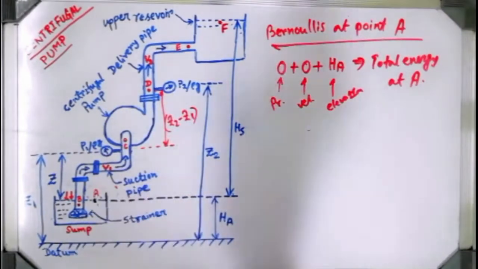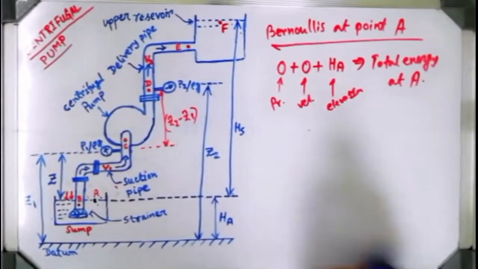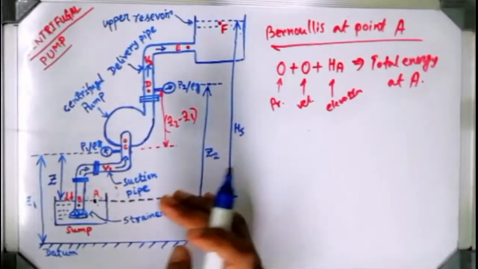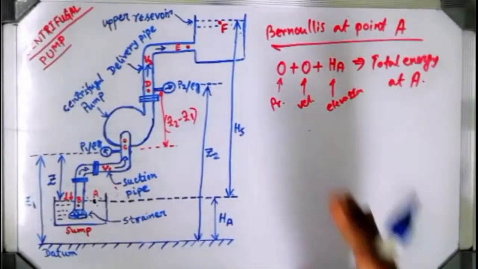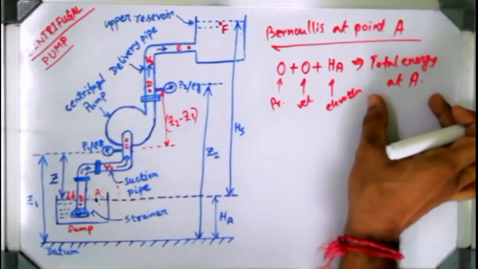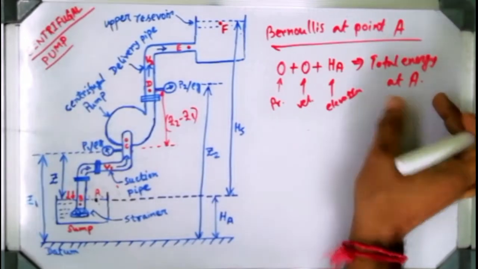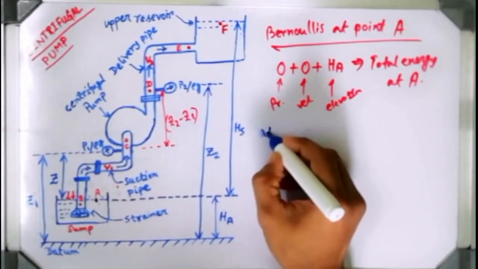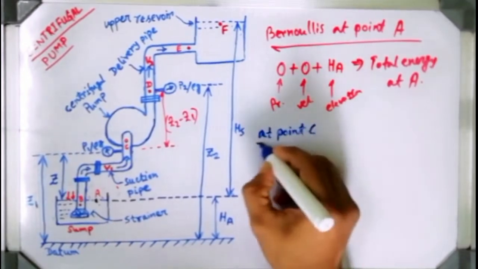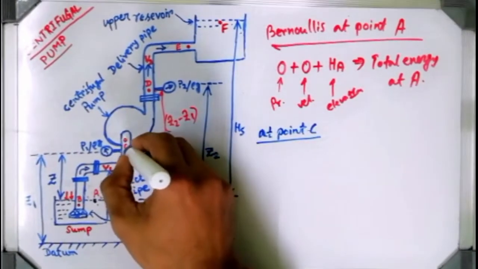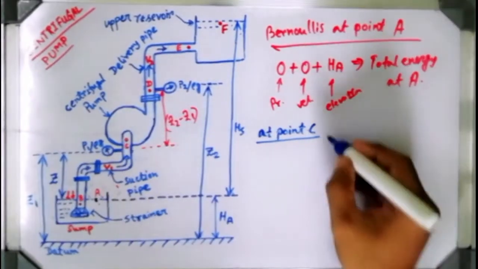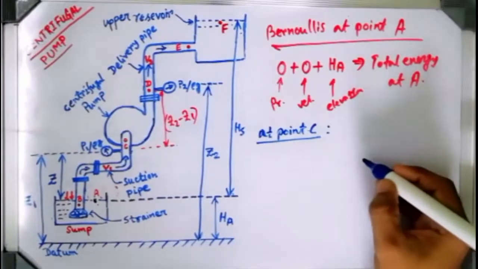Here the top is open, meaning it is open to atmosphere, so the atmospheric pressure is acting. So that is the expression for total energy at point A. Similarly, if we apply the Bernoulli's equation at point C, that is the inlet of the pump, here also I can apply the Bernoulli's equation.